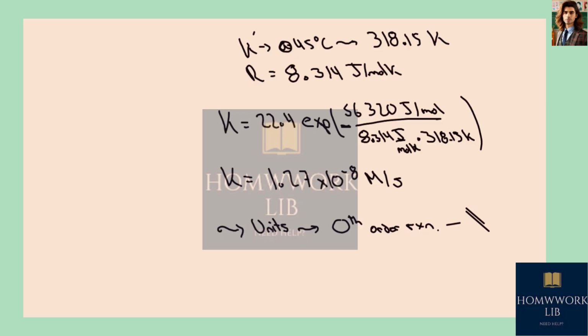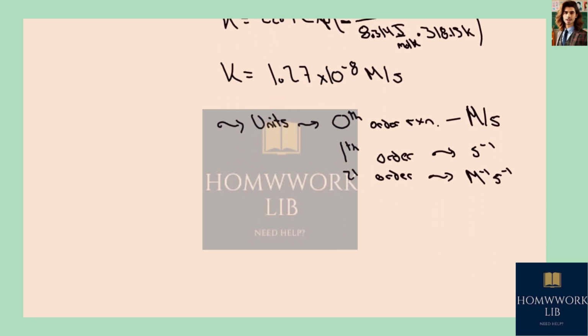Let me just clean up this a little bit because apparently it started glitching. So, molarity per second. If the reaction is first order, then the units are going to be seconds to the minus 1. And if it is second order, the units are going to be molarity to the minus 1, seconds to the minus 1.